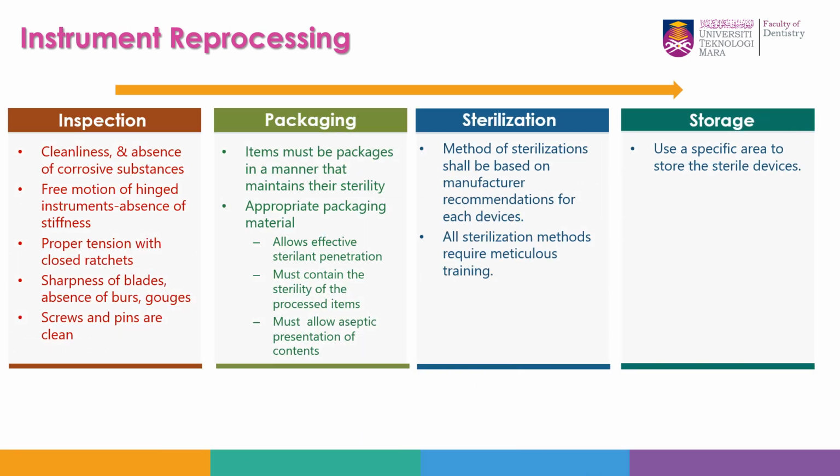Okay, for inspection, we inspect if, after the cleaning, the instrument has been properly cleaned: absence of corrosive substance, free motion of hinge, meaning the instrument can move around. You make sure that the instrument is not damaged, can function normally, and the sharpness of burrs or gauge are there.